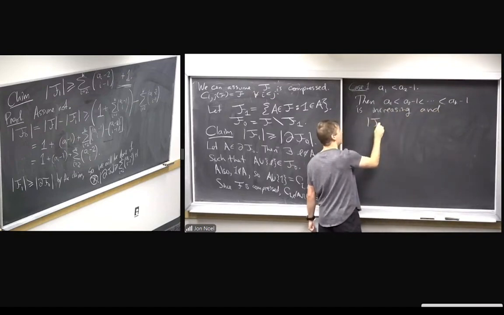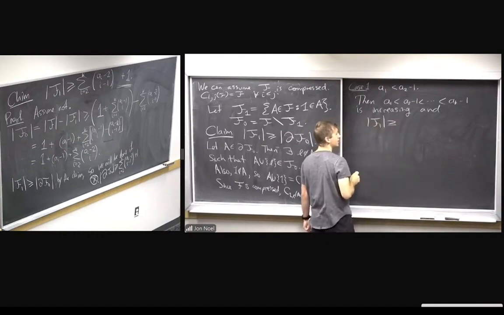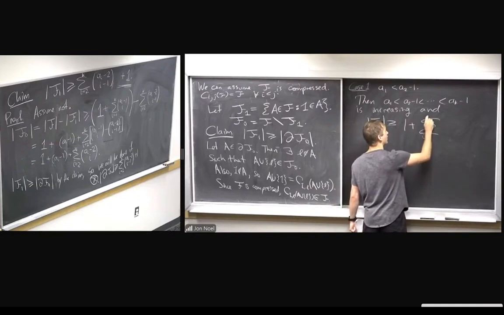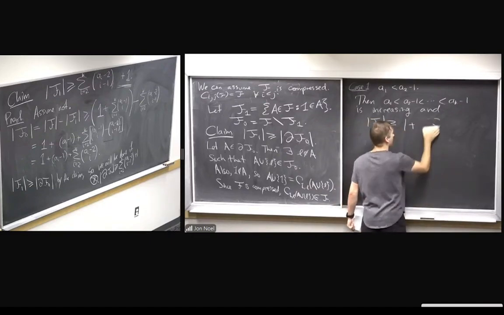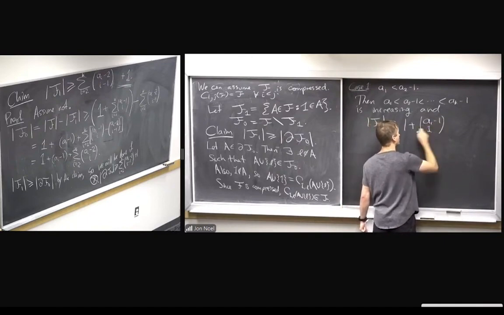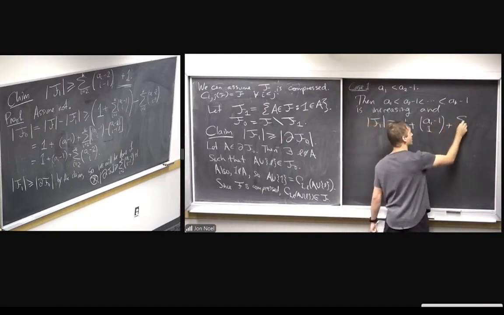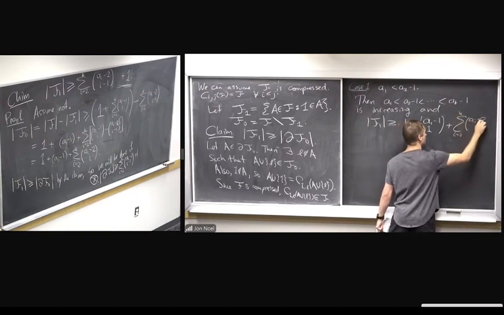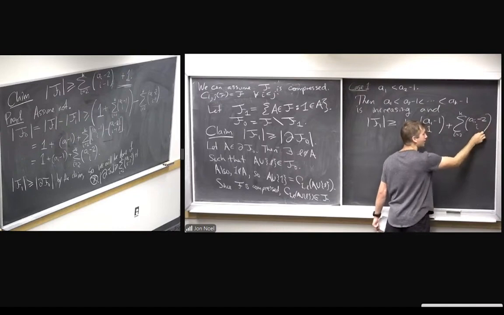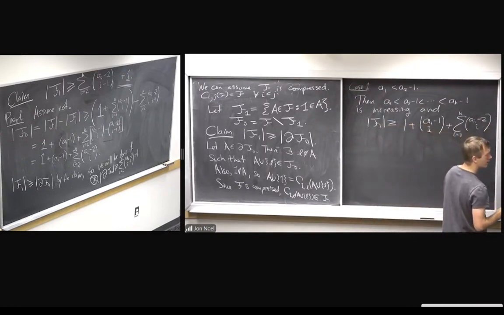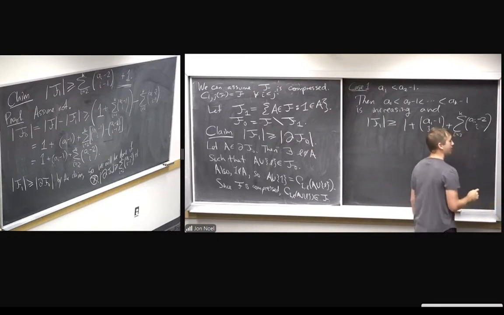And the size of F1 is at least 1 plus A1 minus 1 choose 1, plus the sum i equals 2 up to k of A_i minus 2 choose i. Oh no, choose i. Yeah, this.